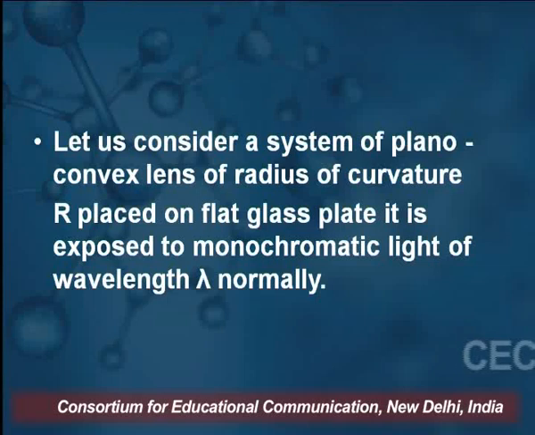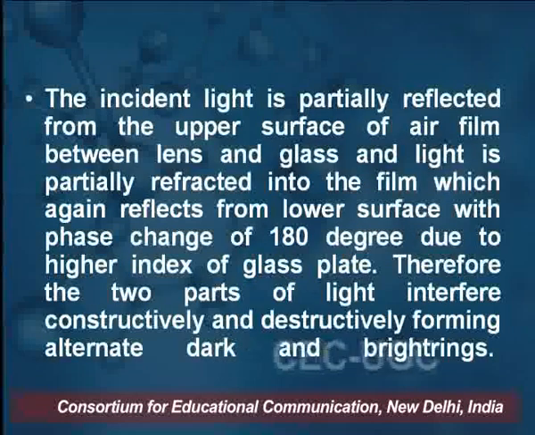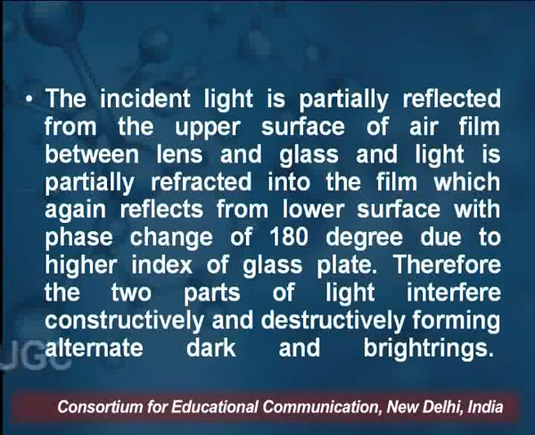Now the incident light is partially reflected from the upper surface of the air film between the lens and the glass plate, and light is partially refracted into the film, which again reflects from the lower surface with a phase change of 180 degrees due to the higher index of the glass plate.